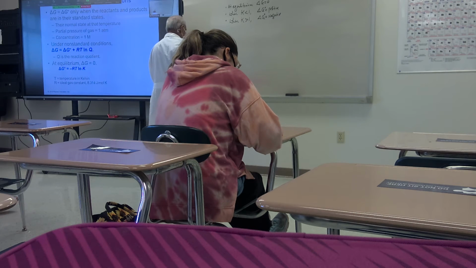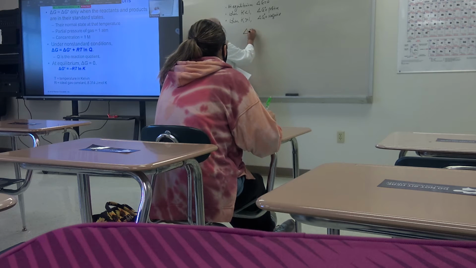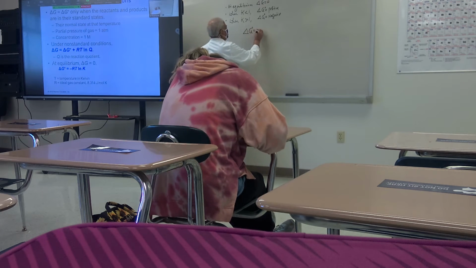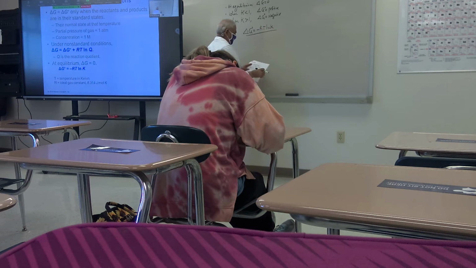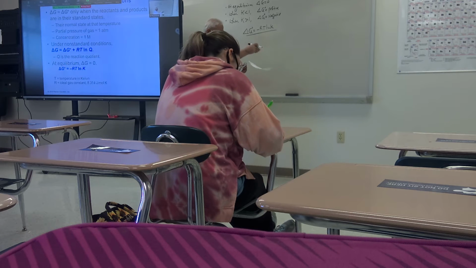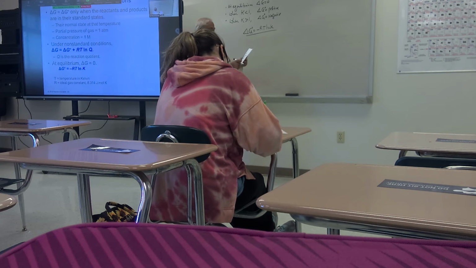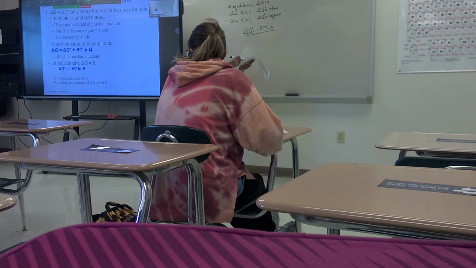Okay? So now let us work out a problem. This is a big equation. Delta G0 equals negative RT ln K. Very important equation. So the problem is this.